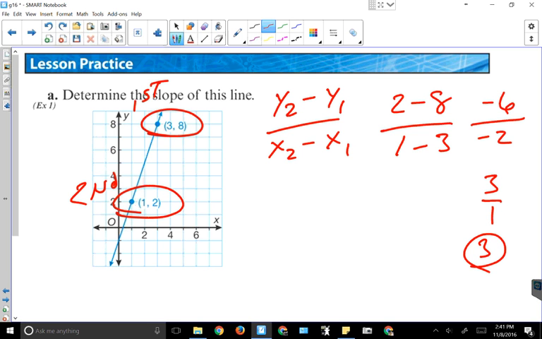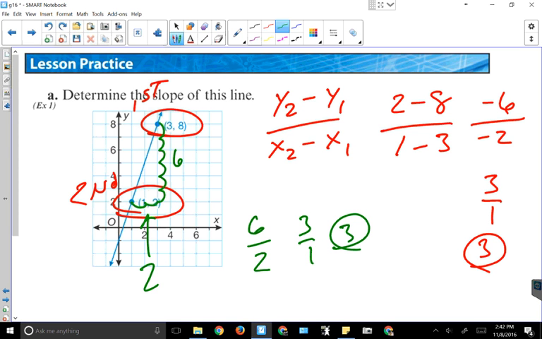Now, is there another way I could have done it? Yeah. How far is it from 1 over to 3? Well, that's 1, 2. That's 2 places, correct? How far up would I have to go? 1, 2, 3, 4, 5, 6. So I'd have 6 over 2. Well, doesn't that simplify to 3 over 1 or just plain old 3?